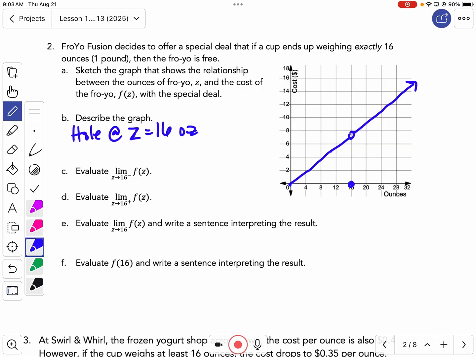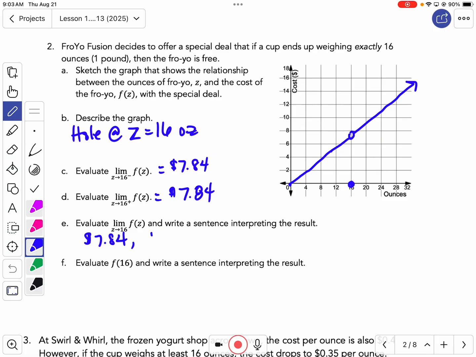Okay, so let's talk limits. What's the limit as we approach Z from the left, approach 16 from the left? It's $7.84. So as I get close to 16 ounces, whether it's less than 16, I'm going to pay $7.84. What about the other direction? Same thing, okay? And so then the limit for the whole thing would be $7.84, right? Okay.